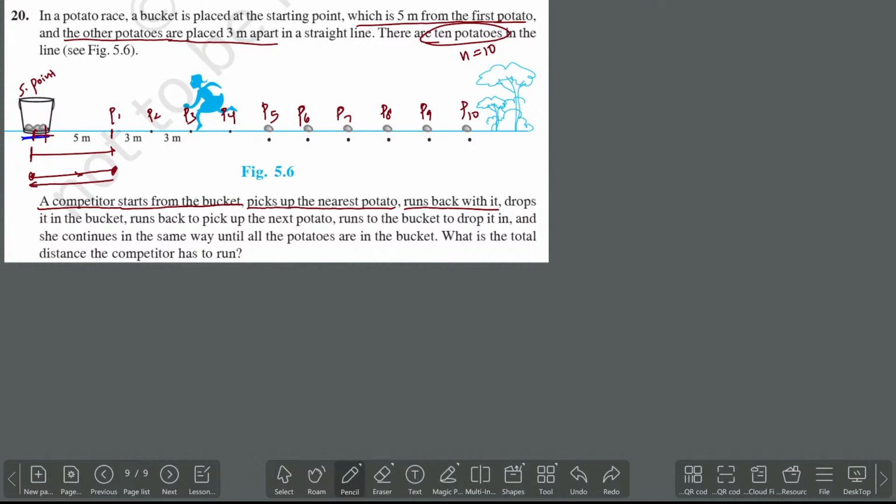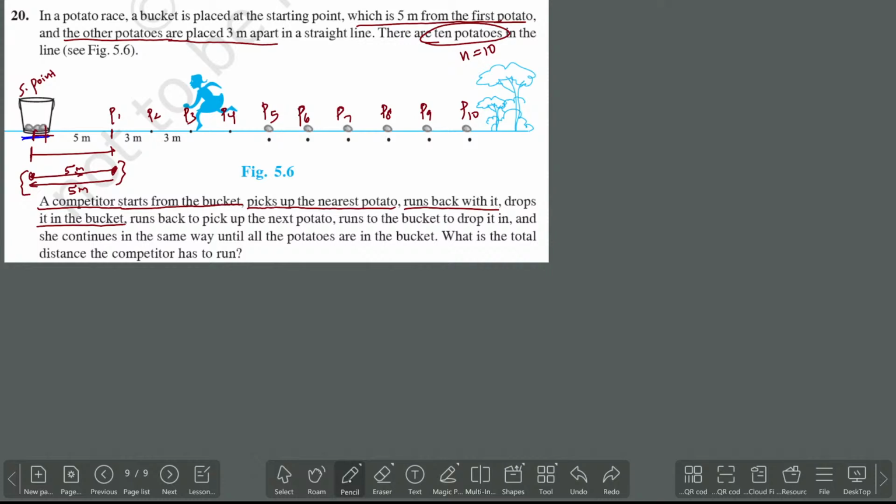Drops it in the bucket. Very important. Now how many meters does that competitor run? 10, because they go 5 meter and come back 5 meter. Then 5 plus 5, 10 meter they are running. It's very important. Do you understand?